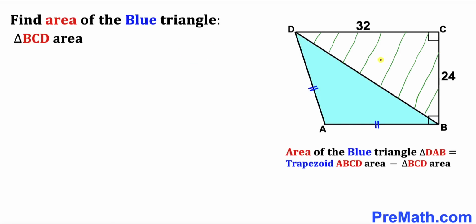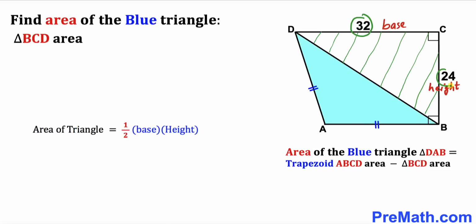And here's our next step. Let's focus on this right triangle BCD. We are going to calculate the area of this triangle. Let's recall the area of a triangle formula: area equals a half times base times height. In our case, our base is 32 and our height is 24.